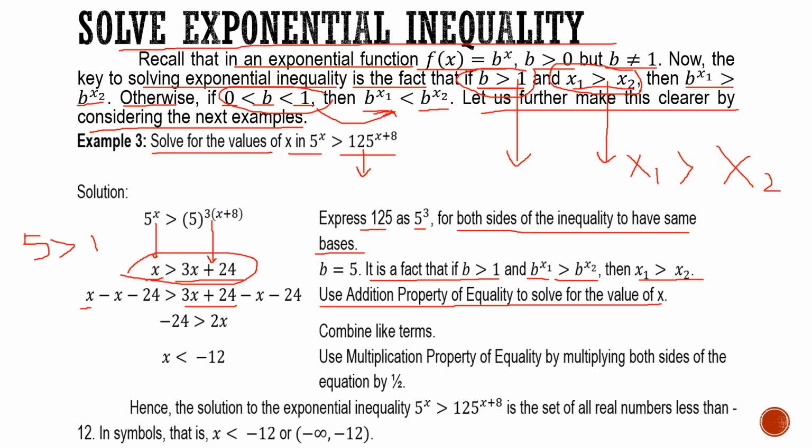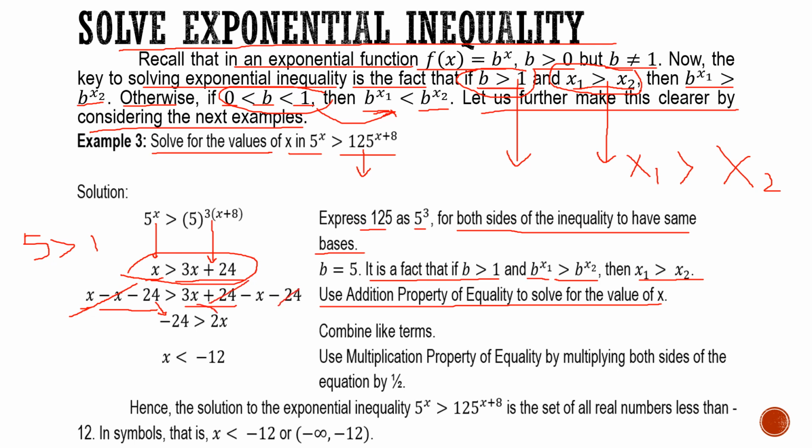Since they are both positive numbers, positive x and positive 24, we need to subtract x and 24 from both sides of your inequality for us to transfer your positive 24 to another side and positive x to another side. So here, x minus x will be cancelled, so we copy your negative 24 here. In this case, we cancel your positive 24 and negative 24.